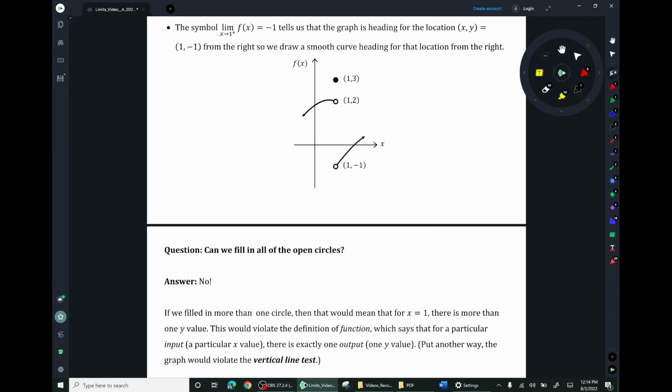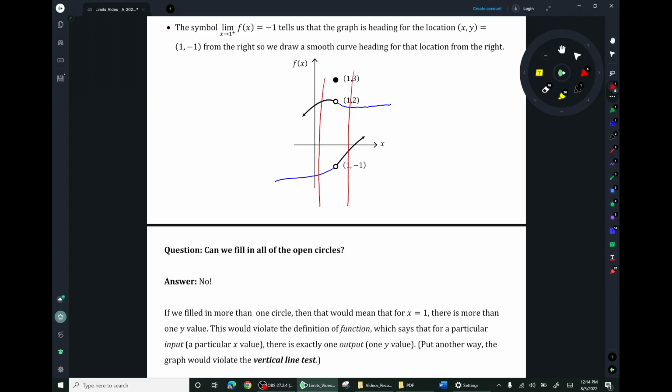But there are some things that you have to be careful to not do. So for instance, you might think it would be simpler to just have these tails continue on past the point. For instance, this top one maybe do this, and this bottom one maybe do this. Well, that looks nice, but realize that that violates the vertical line test. This vertical line touches the graph more than once, and this vertical line touches the graph more than once.